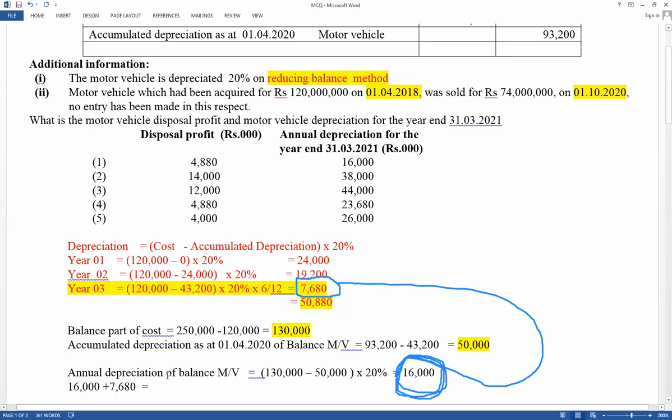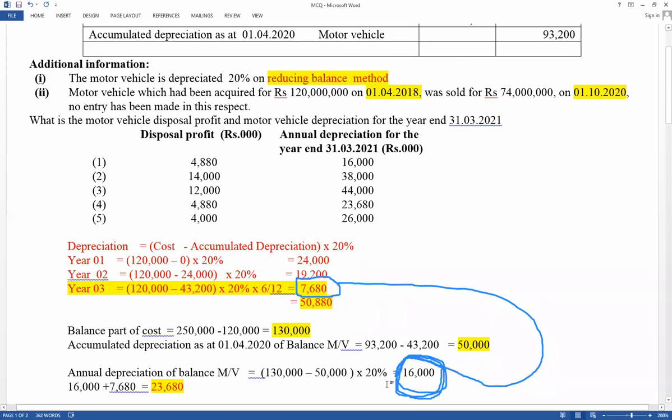The value equals 23,680. Therefore, this is the value that should be considered as annual depreciation. Based on the matching concept, since the disposal asset was also available for the 6-month period, its depreciation also should be considered as an expense.